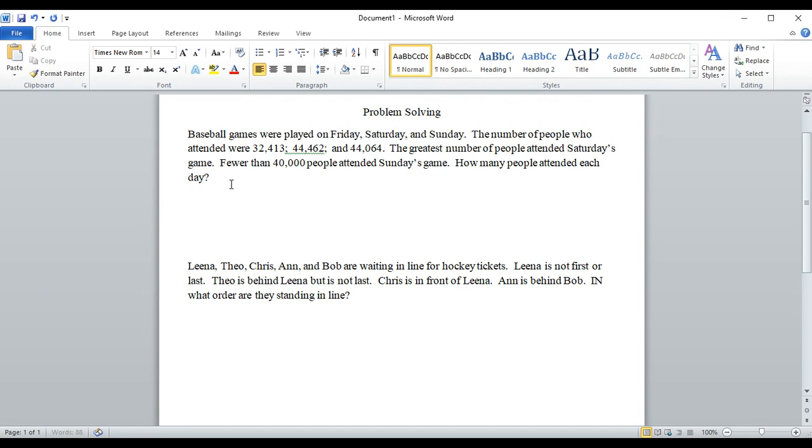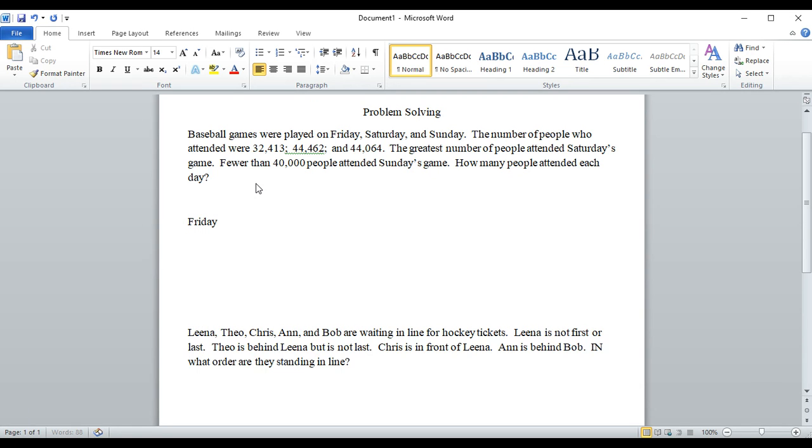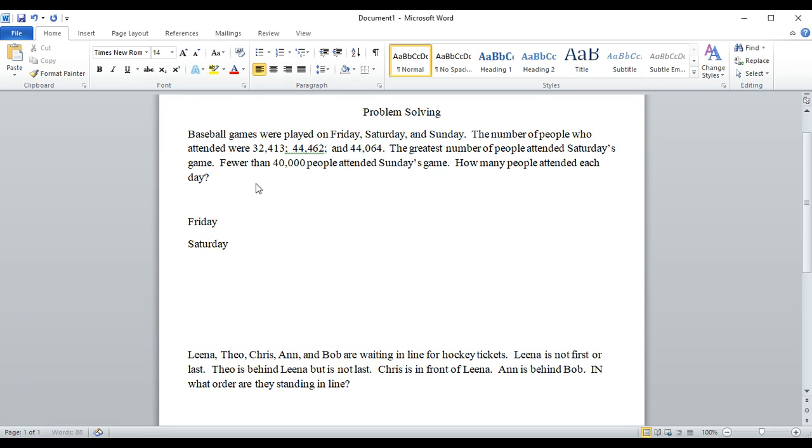So to solve this problem, I like to write things down. So we know there were 3 baseball games. There was one on Friday. There was one on Saturday. And there was one on Sunday. And then we know a little information about a couple of the days. So it says the greatest number of people attended Saturday's game, which means I need to go up here and look at these 3 numbers, which again are separated by these semicolons.